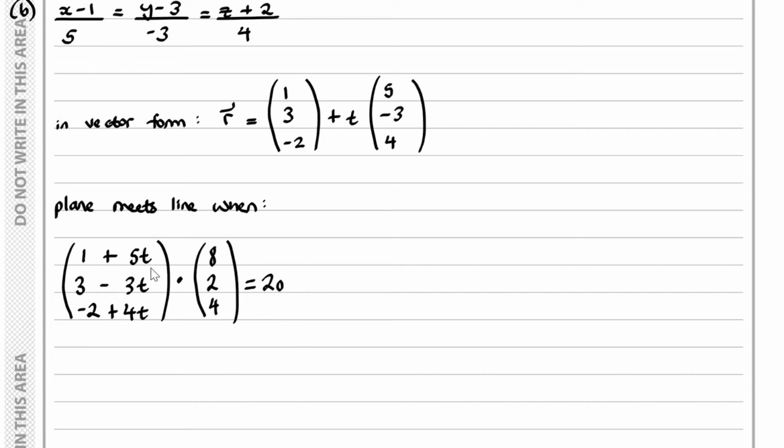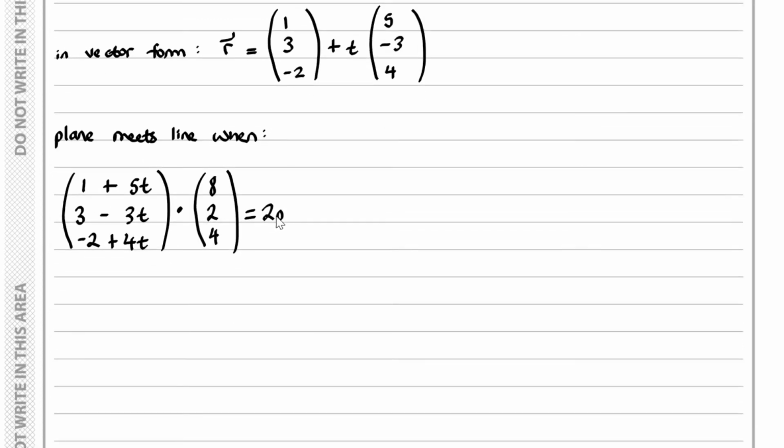So if we expand and simplify all this by taking the dot product, we have here 8 lots of 1 plus 5t plus 2 lots of 3 minus 3t plus 4 lots of minus 2 plus 4t, and all this is equal to 20.